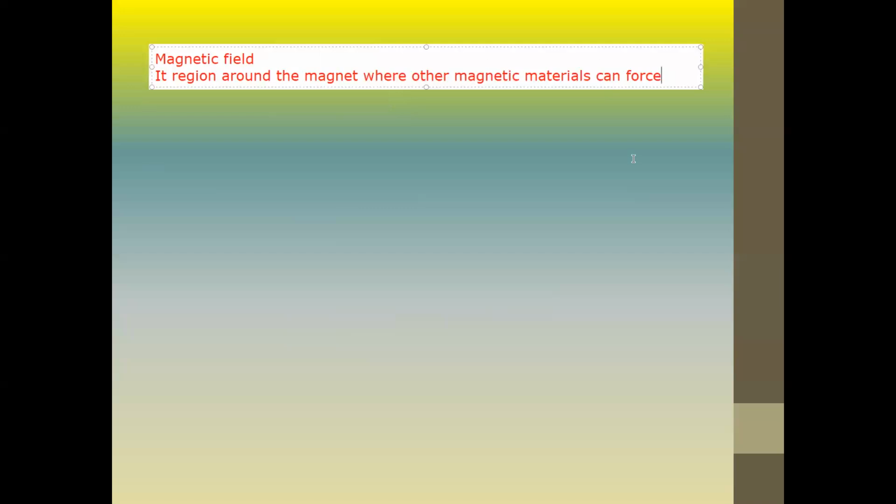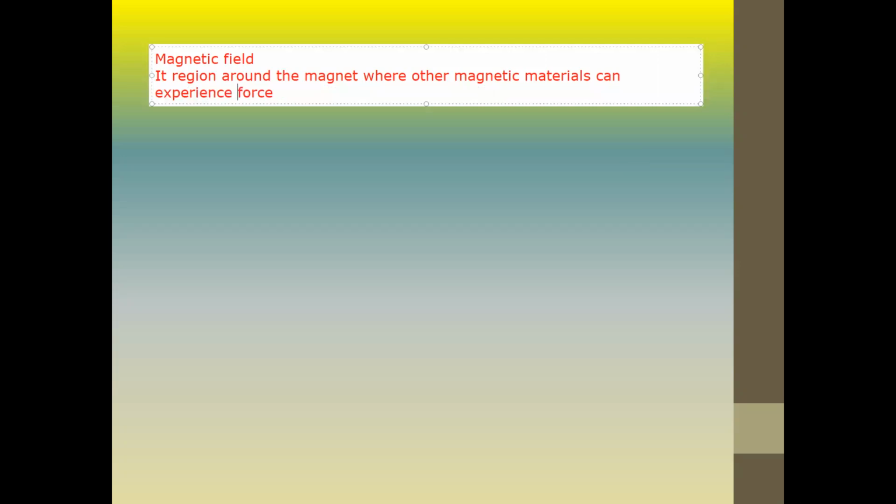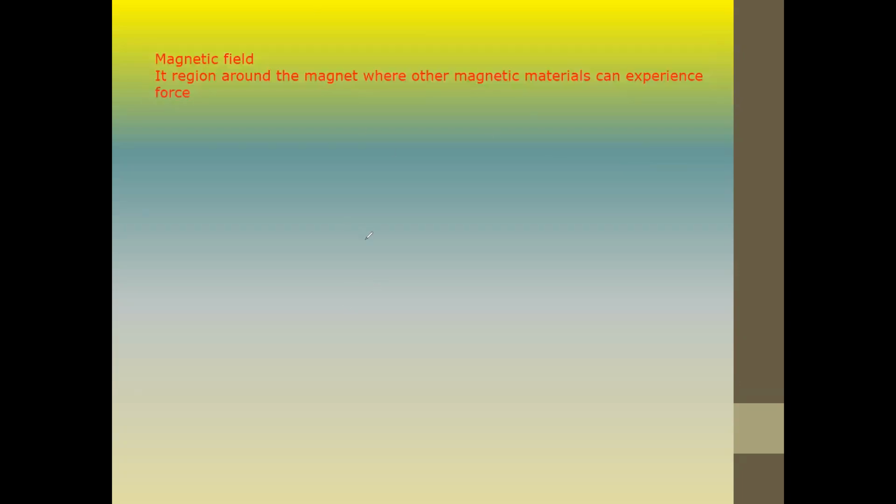The magnetic field is a region around the magnet where other magnetic material can experience force. We call that the magnetic field.